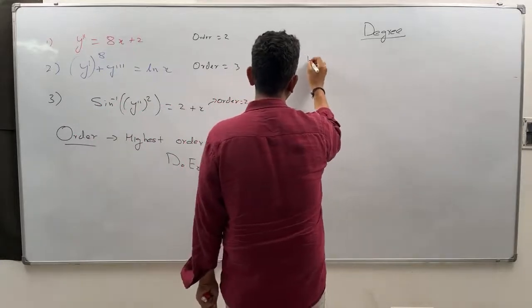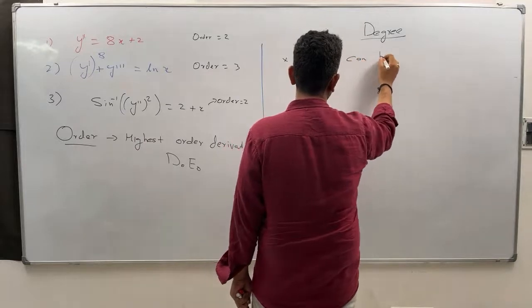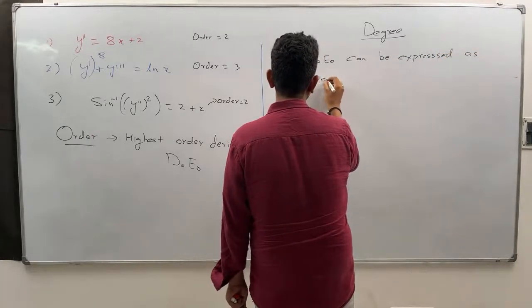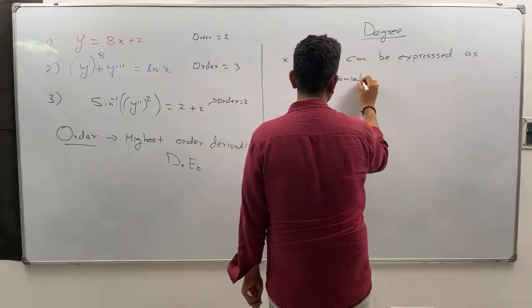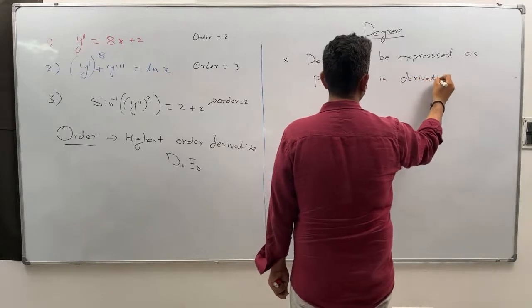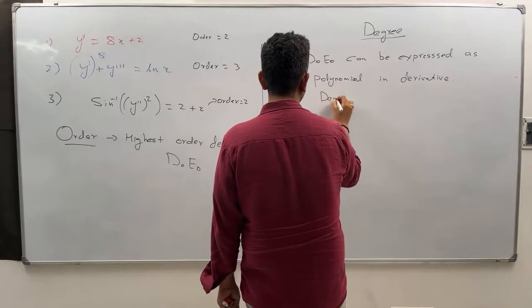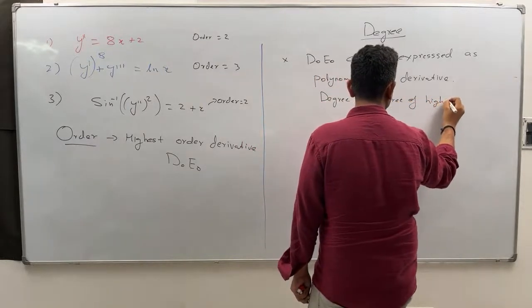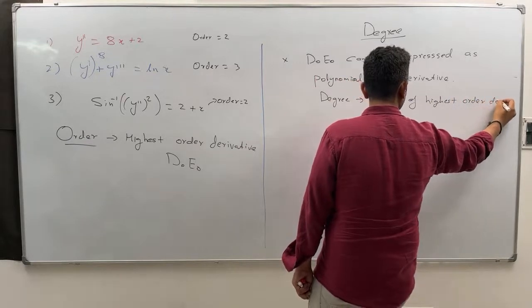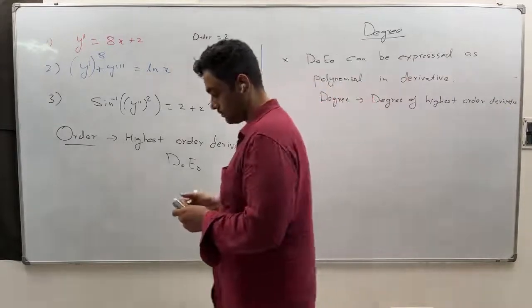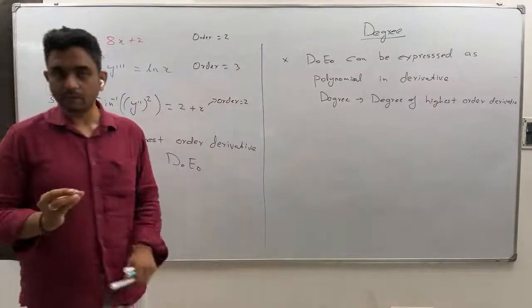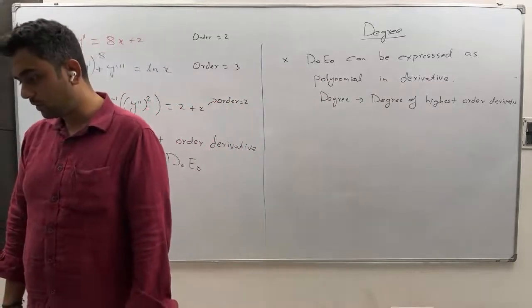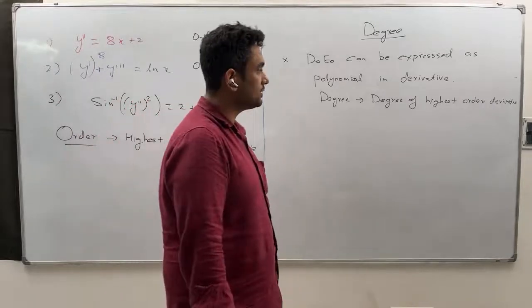If a differential equation can be expressed as a polynomial in derivatives, then we say degree is the degree of the highest order derivative.